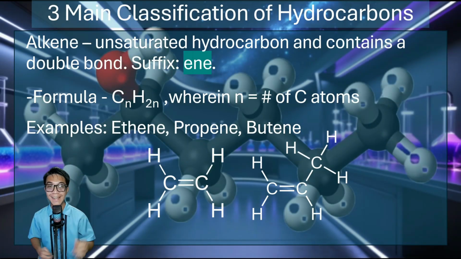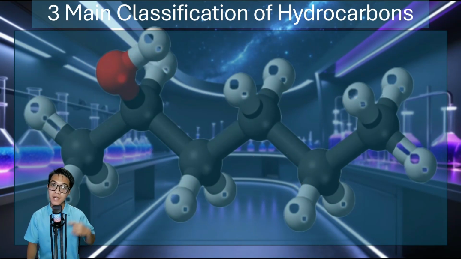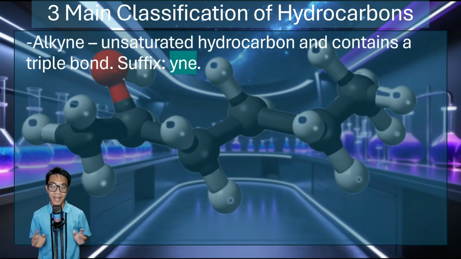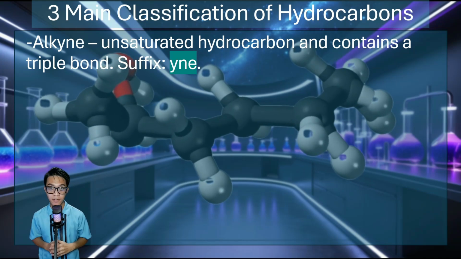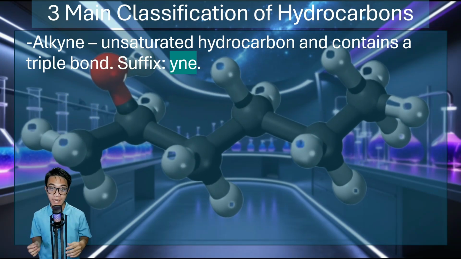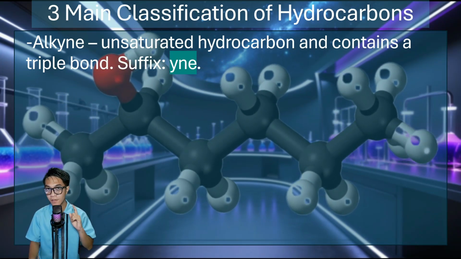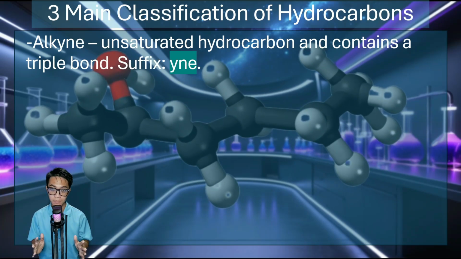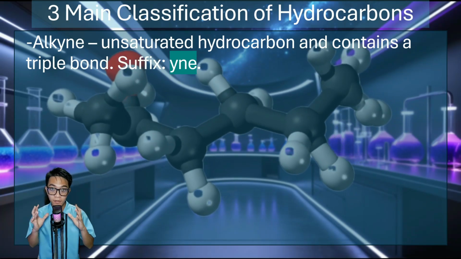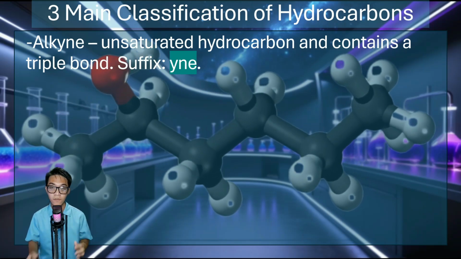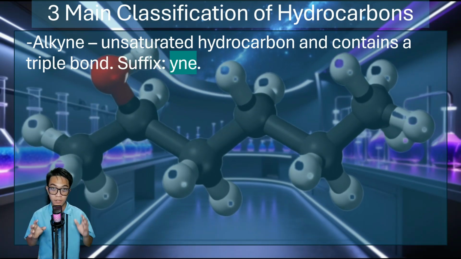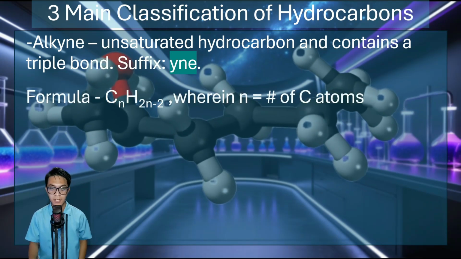Now for the third and last main classification of hydrocarbon, let's have our alkyne. Alkyne is another unsaturated hydrocarbon and contains a triple bond, and it has a suffix of -yne. Basically, this is another unsaturated hydrocarbon because instead of filling the carbon atoms with hydrogen atoms, it fills itself with carbon-to-carbon triple bonds.